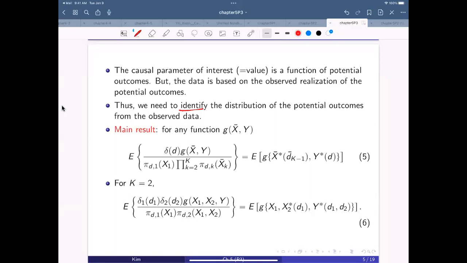So this involves random variables g, x1, x2, and y, the potential outcomes for a given regime.